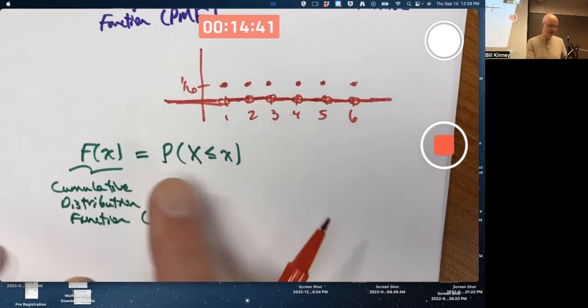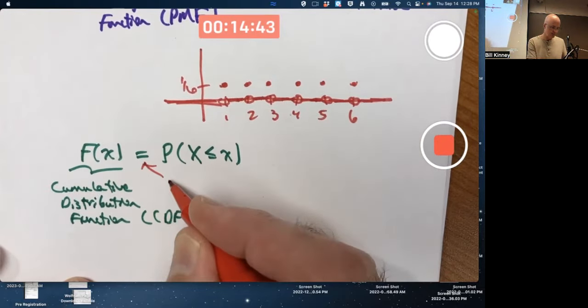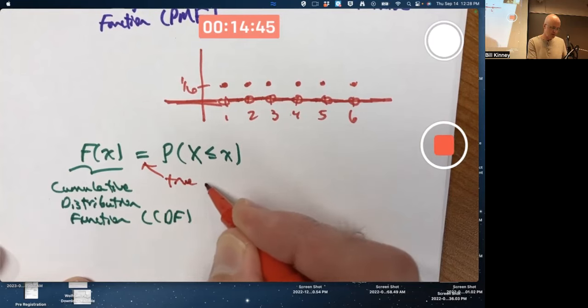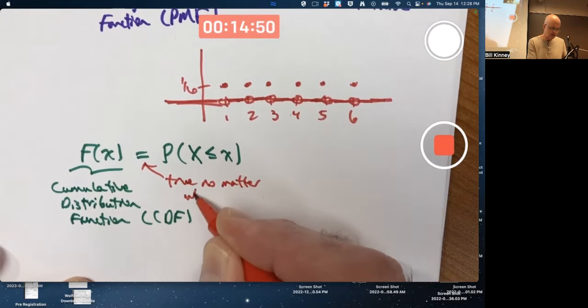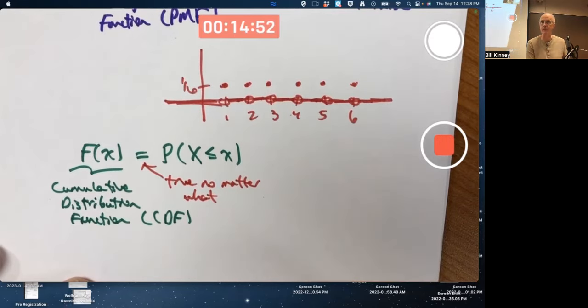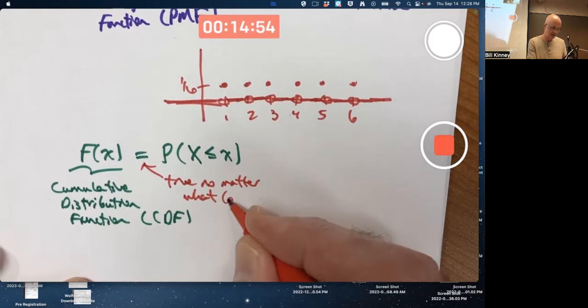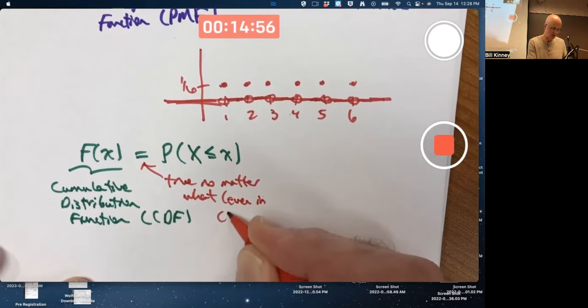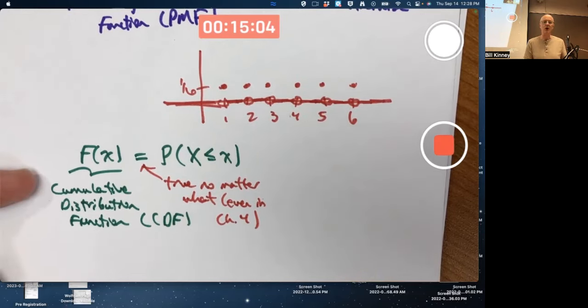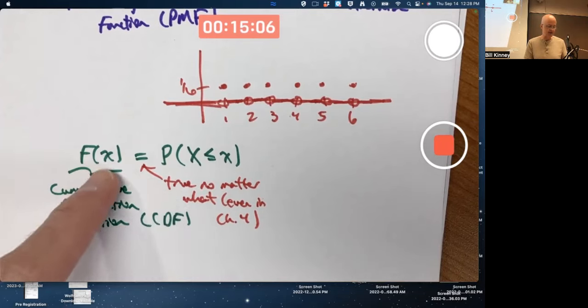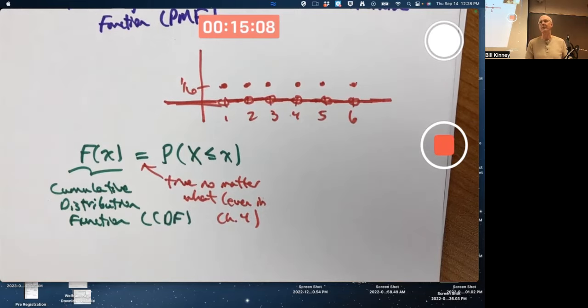This equation is true no matter what, even with continuous random variables. Even in chapter 4 with continuous random variables. CDFs, capital F of x, always equal that probability.